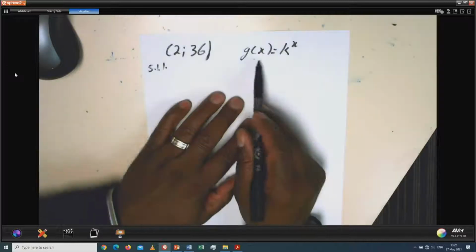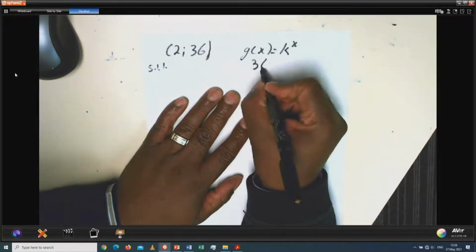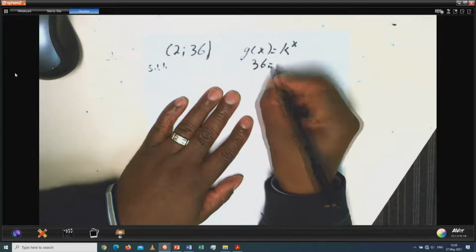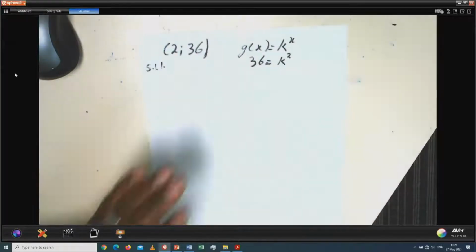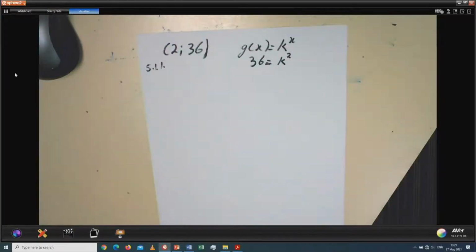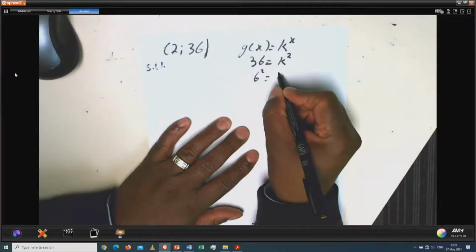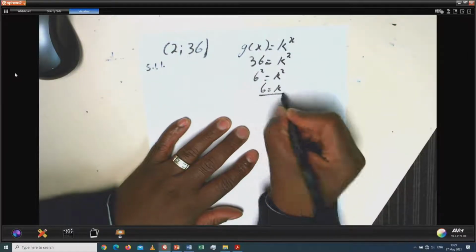Now we substitute y by 36 and x by 2, which gives 36 = k^2. Remember the restriction, k must be greater than 1. So we solve, 6 squared is equal to k squared, therefore k is equal to 6.